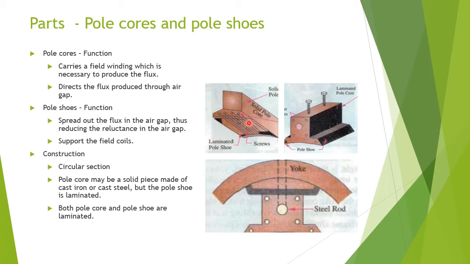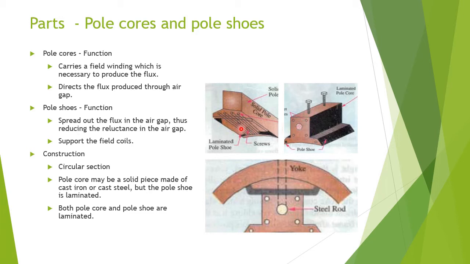The pole core may be a single piece, or it may be a laminated pole core. A laminated pole core has several sheets laminated and attached with insulation; you can see the small lines here. Laminations are used to reduce the eddy current loss.